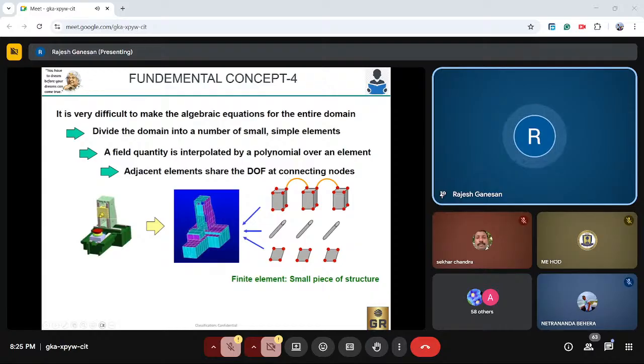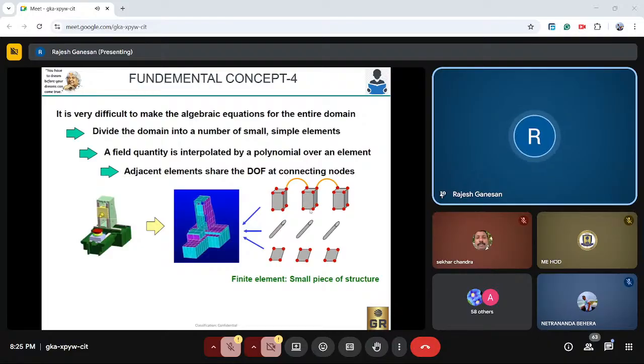It will consider each and every element. Each square box is an element, and you can see the red dotted points. These are called nodes. Each node is point 1, point 2, like that, and each box is an element. What it is trying to say is that adjacent elements share the degrees of freedom at connecting nodes.